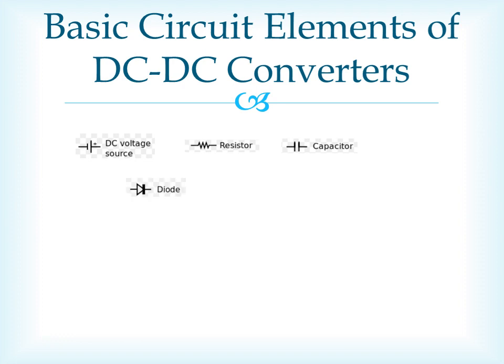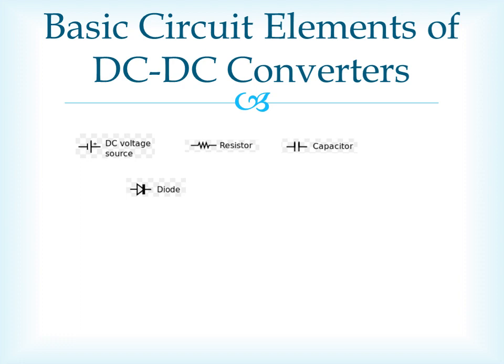Then there's a diode. The purpose of the diode in the circuit is, number one, to provide a path for inductor current to flow. In case there's no other path for inductor current to flow, a diode is connected in parallel with the inductor and it will provide a path; we also call it a freewheeling diode for the inductor.